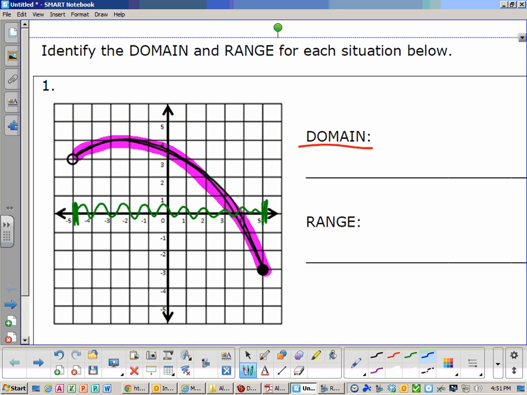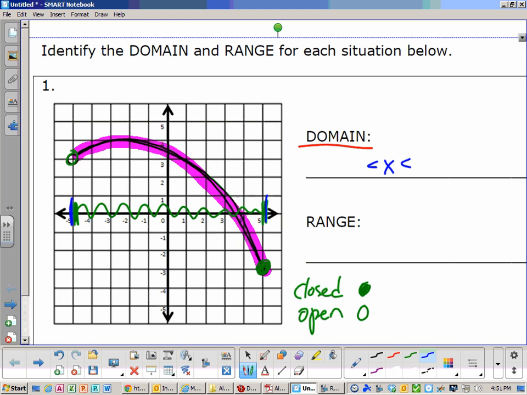Now, there's a difference, though, because this has a closed point, and this other one is open. Don't forget the difference, that a closed point looks like this, and an open point looks like this. So domain, once again, stands for x.